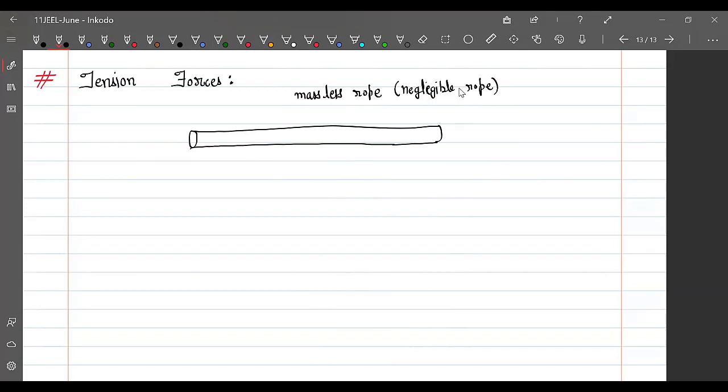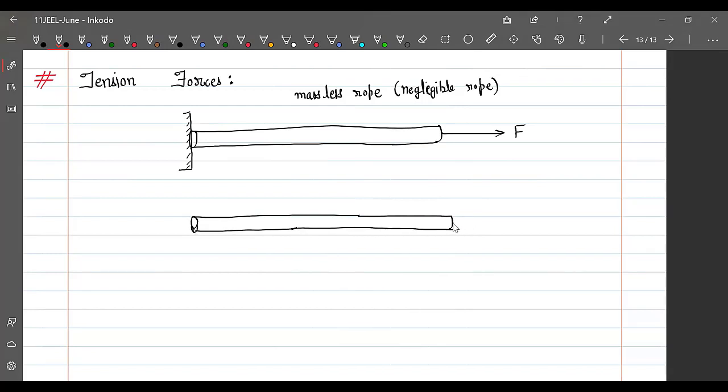So if you take a massless rope and you fix this end, maybe stick it to some surface, and you are pulling the other end with a force of F, then when you draw the free body diagram of this rope, because you applied a force of F, the surface on which this rope is sticking will also apply a force.